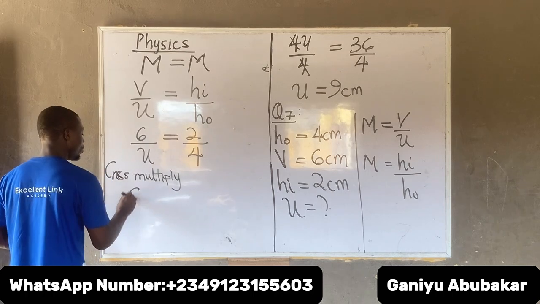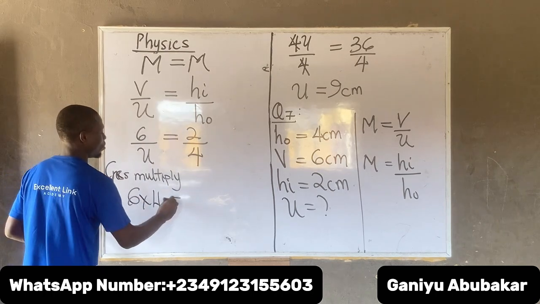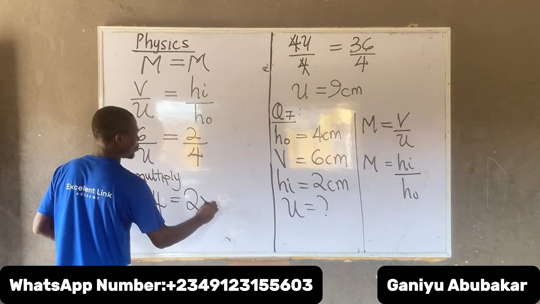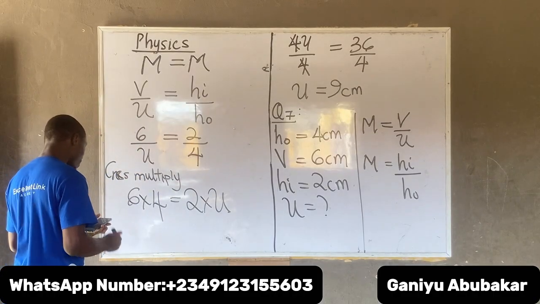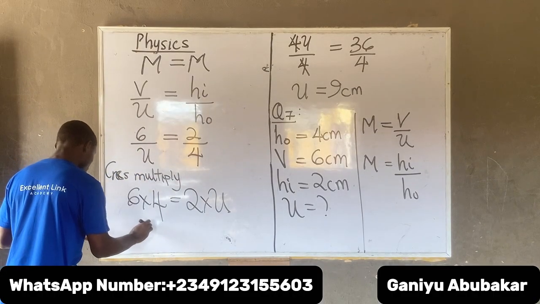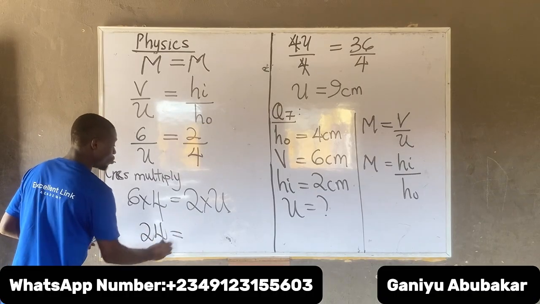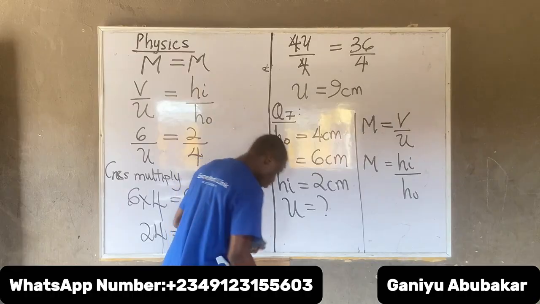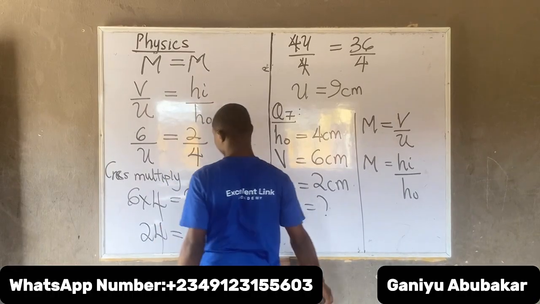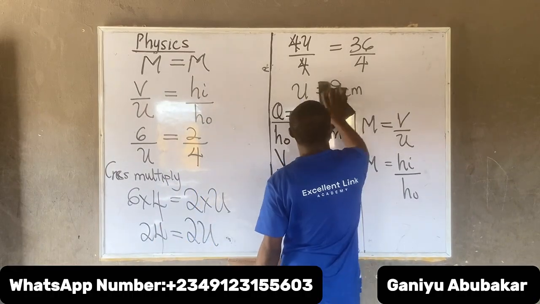That gives you 6 times 4. This gives you 2 times U. 6 times 4 gives you a value of 24, equal to 2 times U, which is 2U. Let's get the value of U here.